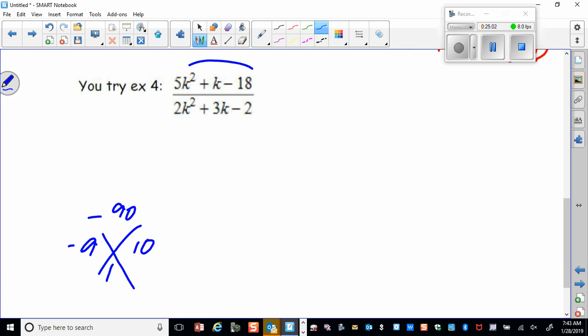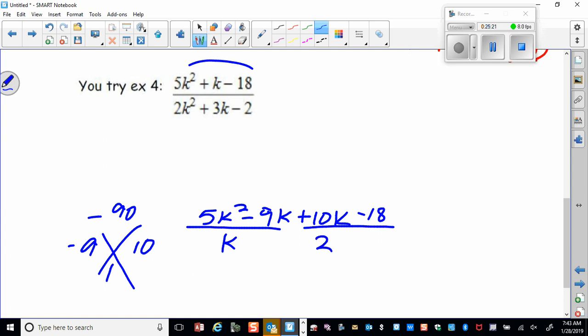So now I can write this as 5k squared minus 9k plus 10k minus 18. All right? And then I'll just do the GCF of each one. This would just be k. And these are both even, so it'd be 2. So I'm going to divide here by k. The k comes out front, and I get 5k minus 9.